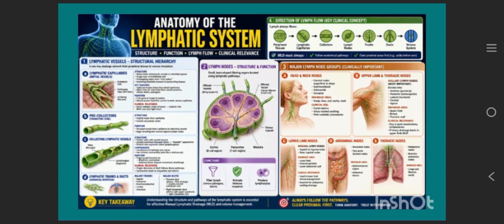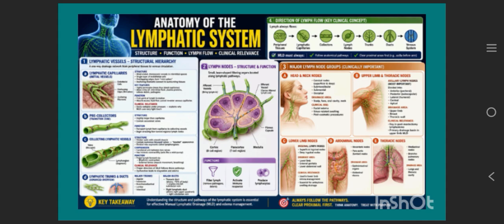They are enclosed by a fibrous capsule and divided into 3 parts: the cortex, a B cell region; the paracortex, a T cell region; and the medulla. There are also 2 vessels, afferent and efferent.